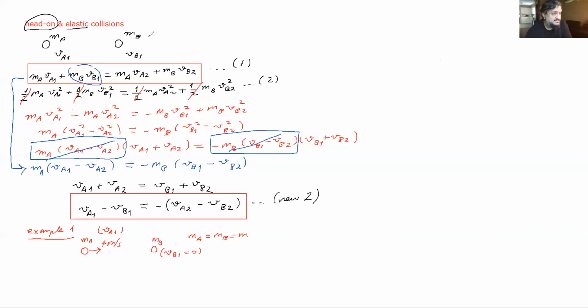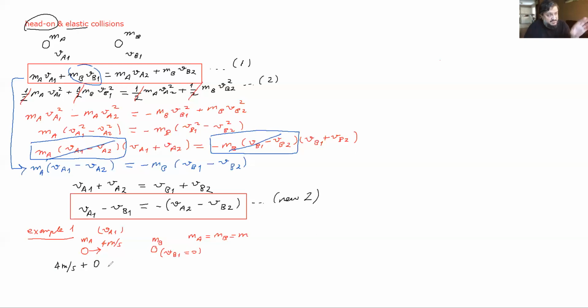Let's apply equation number 1. Now, the masses are the same, so I'm going to cancel those masses. Just write the velocities now. VA1 is 4 meters per second, and VB1 is 0, plus 0.